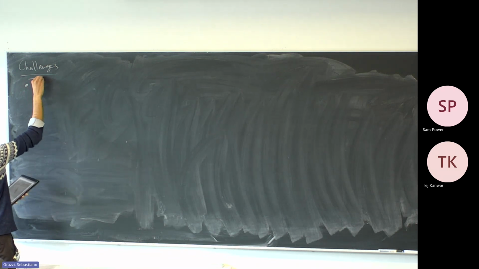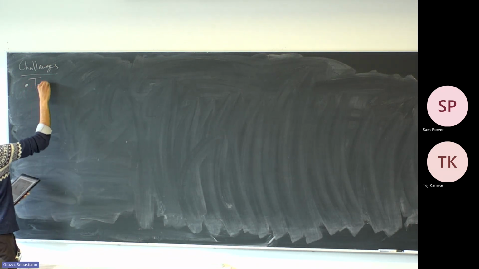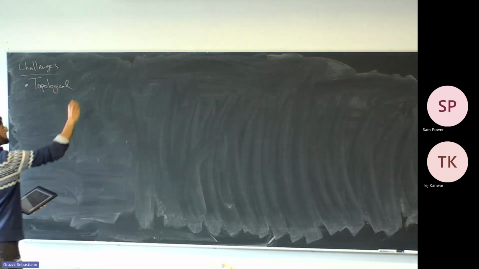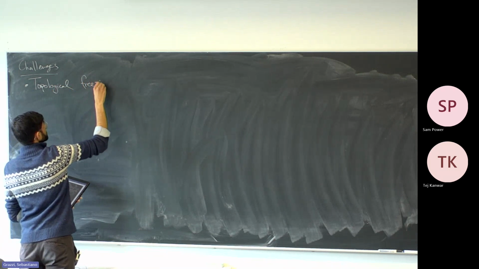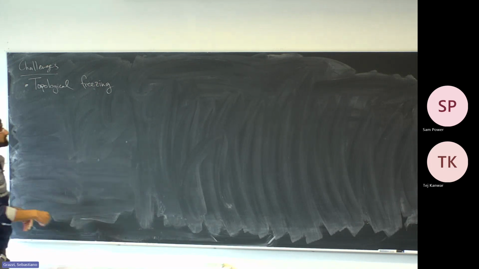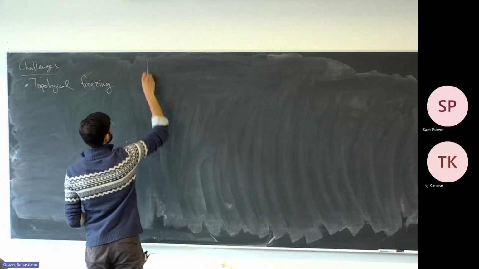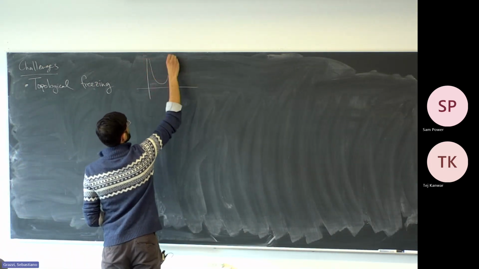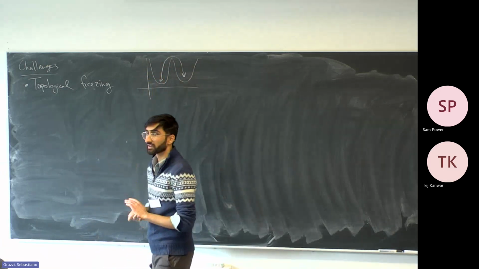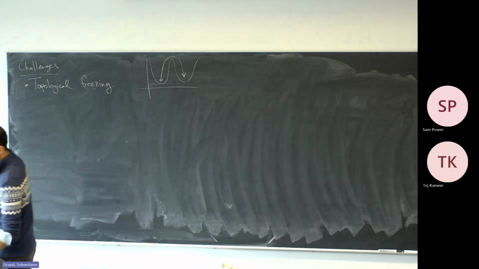So one thing I'd like to mention that is a somewhat unique feature of these sorts of spaces is topological freezing. So we've seen in the context of the Ising model that maybe you have something like two potential wells, and it becomes very difficult to move between the two of them as your number of degrees of freedom grows.